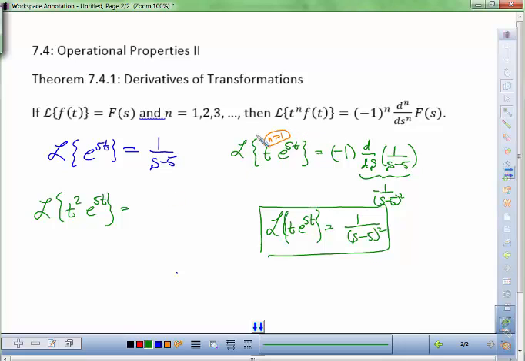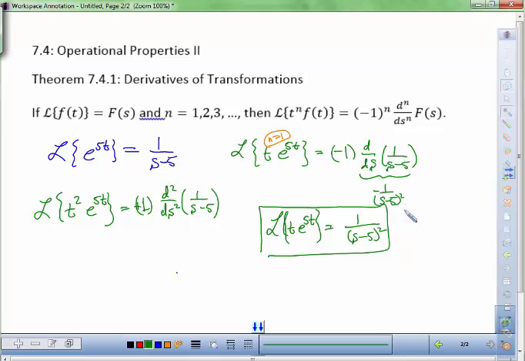According to this formula, n is equal to 2, so that gets transformed to negative 1 squared, so that's positive 1, and the second derivative of the transformation, that's already in s. So this is the first derivative.